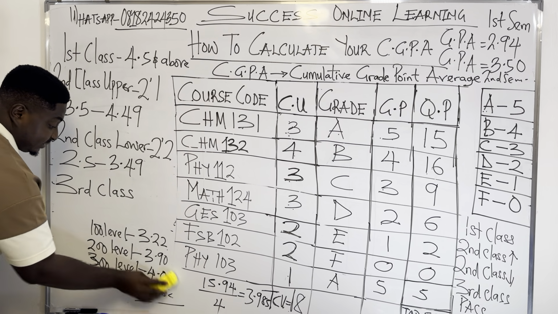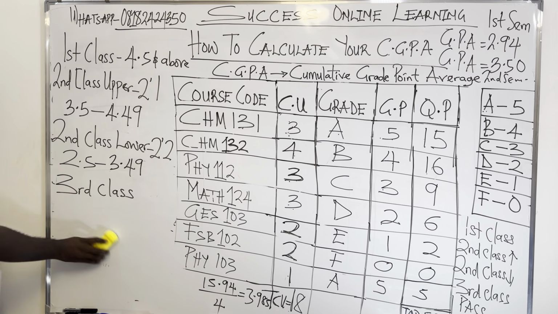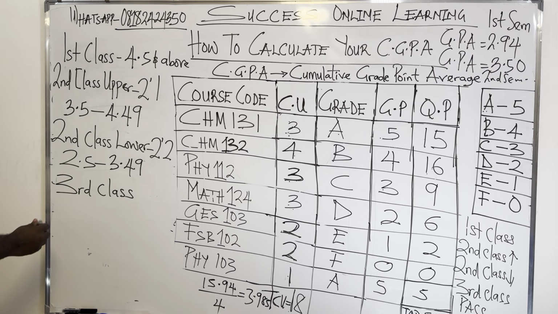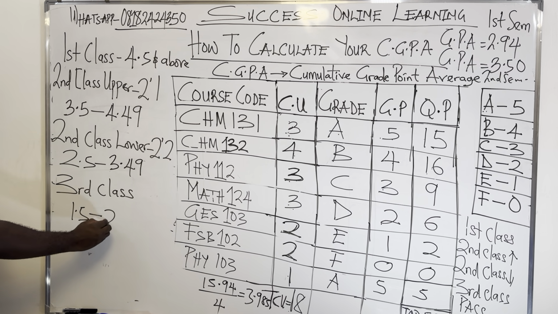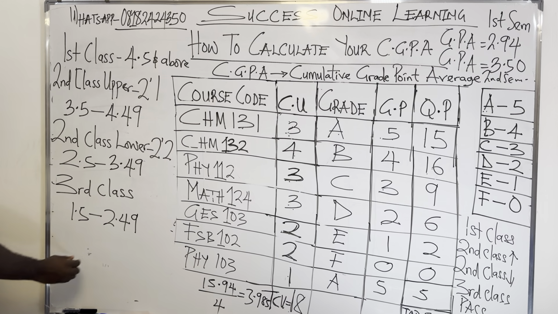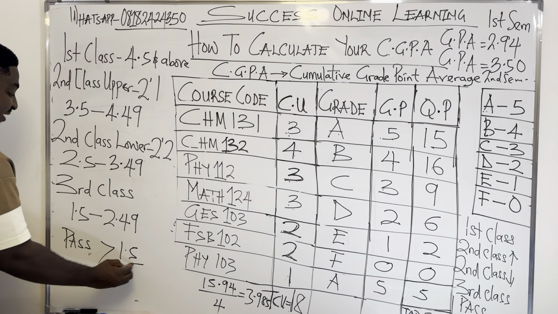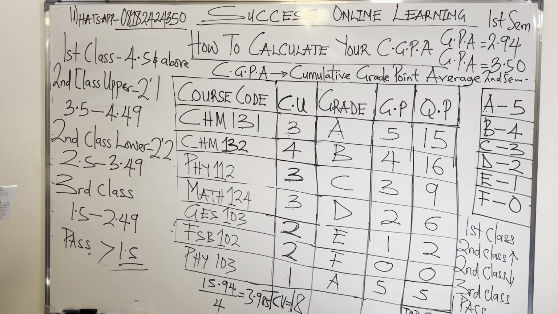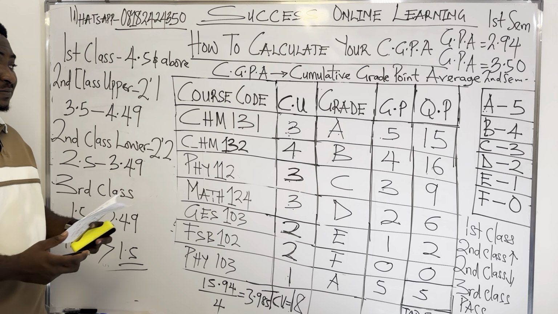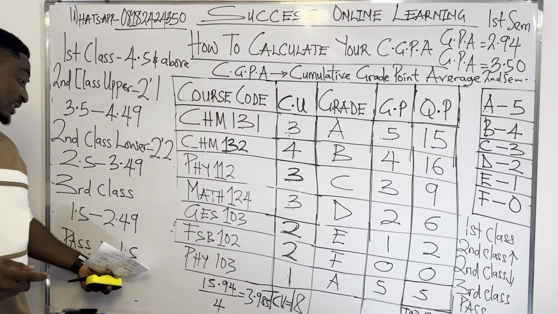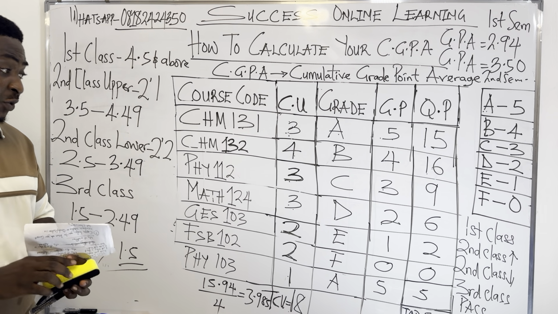A third class student is a student that attains a CGPA of 1.5 to 2.49. And a student that is just a pass student is any student that has a CGPA of less than 1.5. You just attain a pass. And in most schools, once you go less than 1.5, you are put on probation.